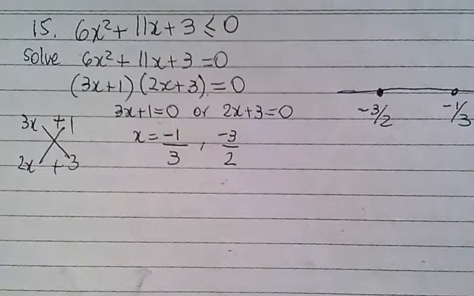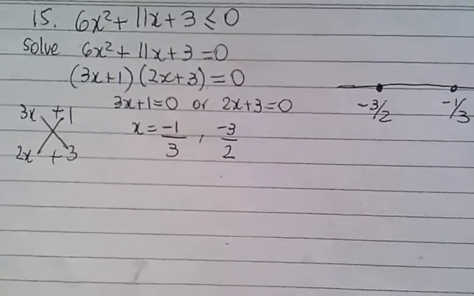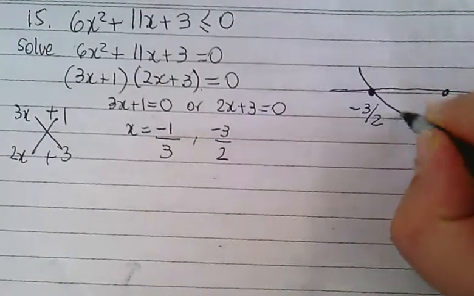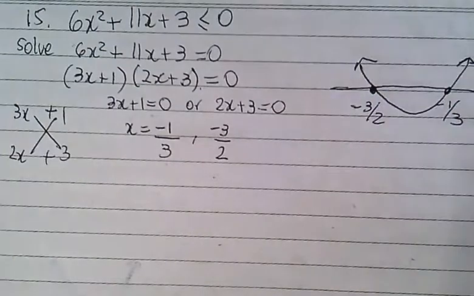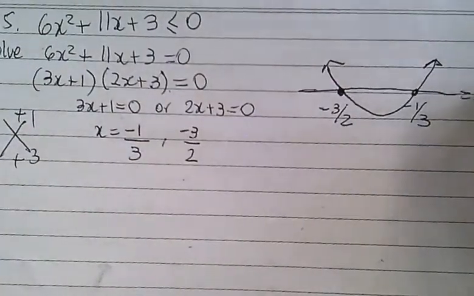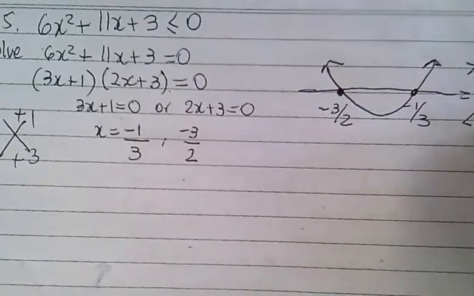Be careful. Is this a concave up or down parabola when you come to sketch it? It's concave up, we know, because it's positive 6x squared. So concave up. And where is this function less? See, it equals 0 here. It's greater than 0 up there. It's less than 0 there. Where is it less than or equal to 0?